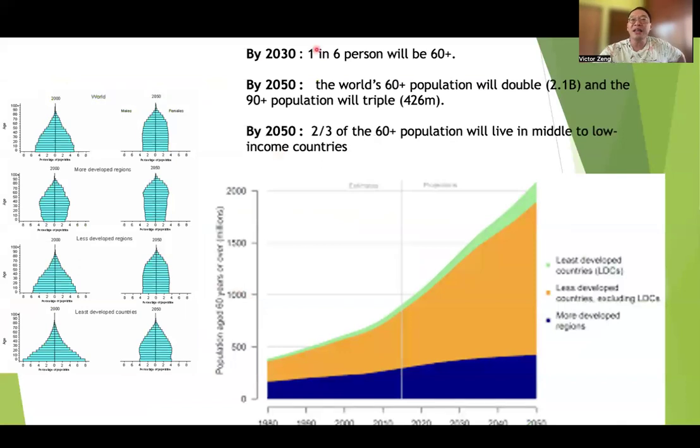By 2030, 1 in 6 people will be 60 and above. By 2050, the world's population aged 60 and above will double to 2.1 billion, and those above 90 years old will triple to 426 million.